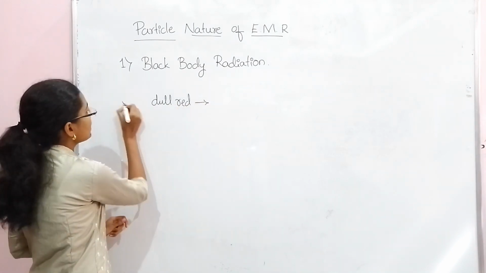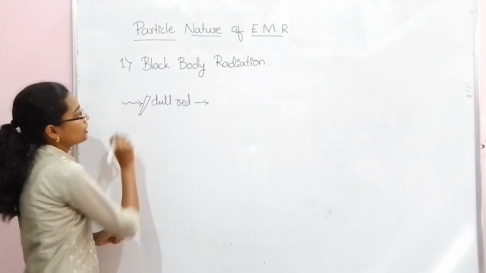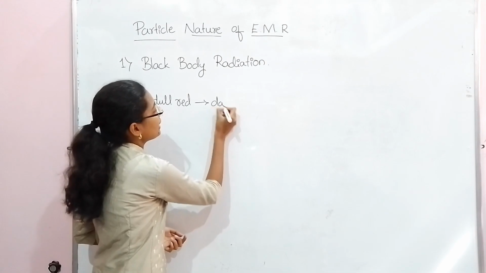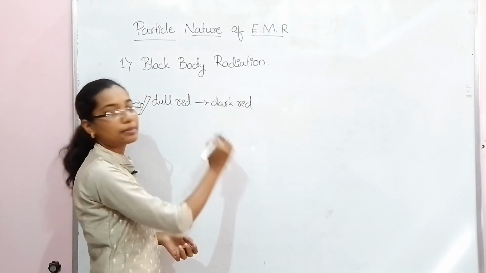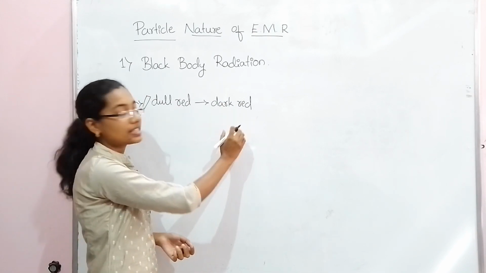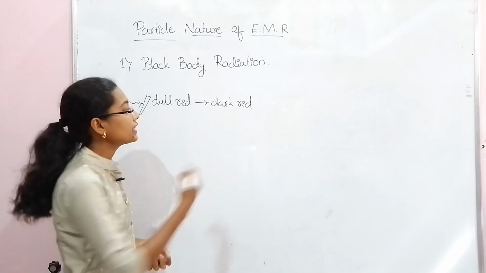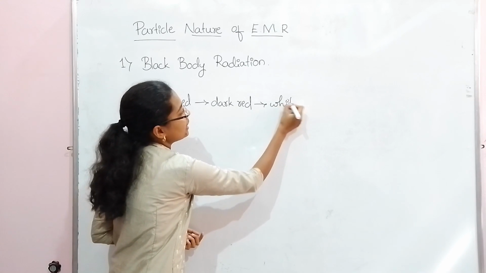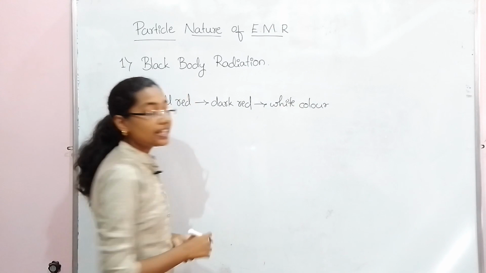You have just started heating that iron rod, so it will be dull red in color. You will get dark red if you go on increasing the temperature. From here to here you are increasing the temperature, and if you heat it continuously, it gives white color radiation.